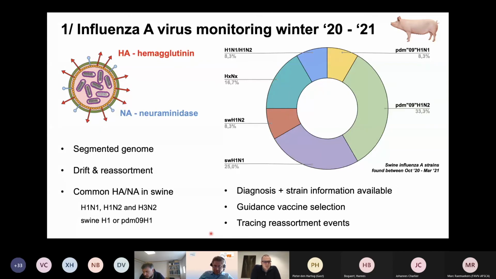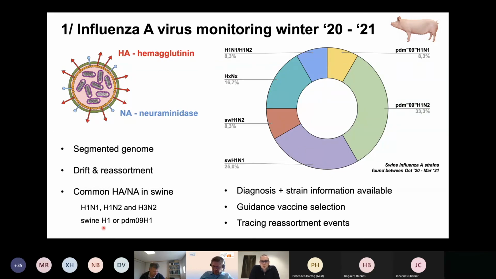Now in swine, we have very common hemagglutinin and neuraminidase types, which are the H1N1, H1N2, and very seldom also the H3N2, which also has, of course, the public health risk. And what is also apparent is that we have the classical H1 strains, but also the H1 strains which have the pandemic H1 type.